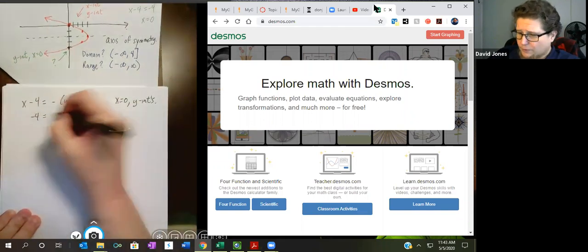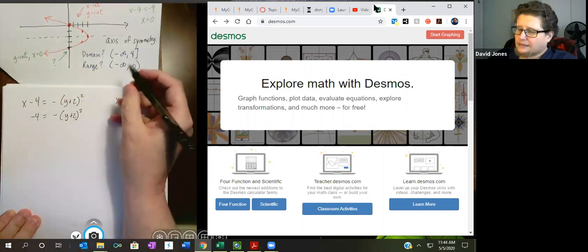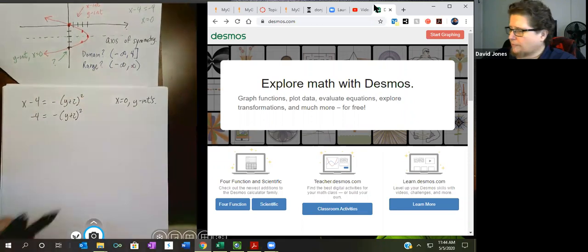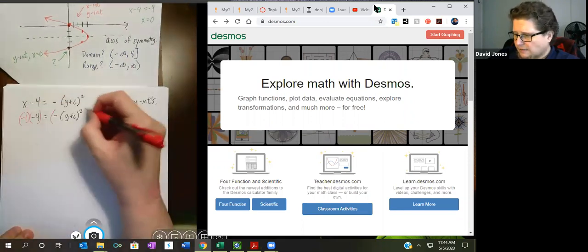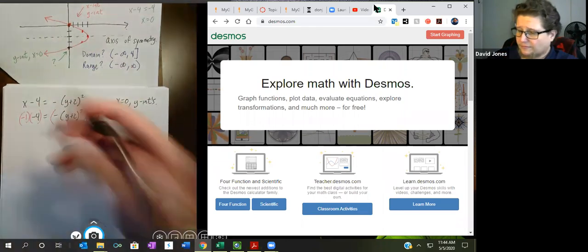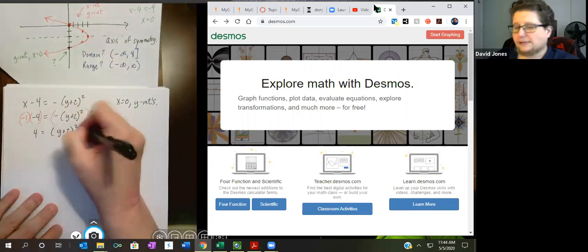Negative 4 equals negative y plus 2 squared. I'm going to multiply both sides by negative 1. That just changes the sign. We get 4 equals y plus 2 squared.